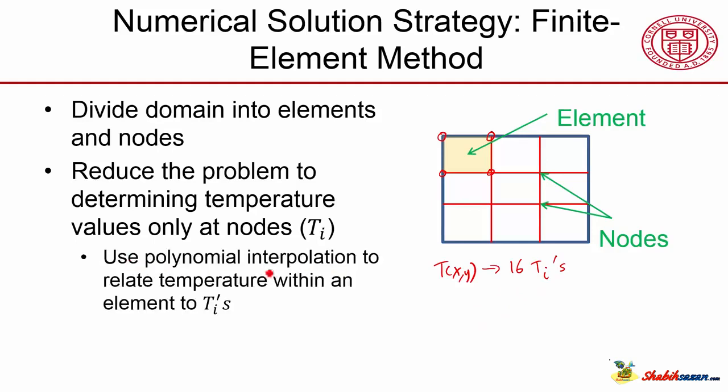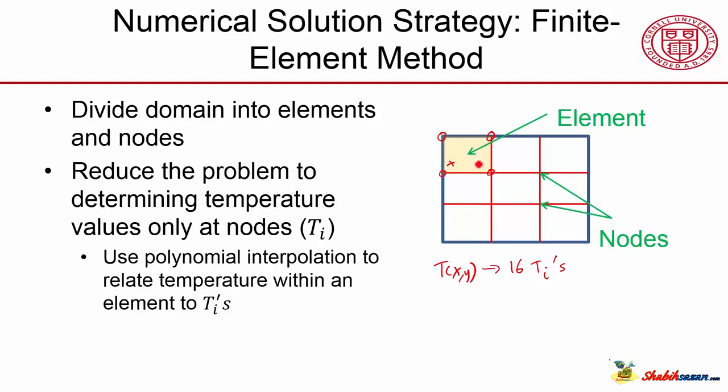And to use polynomial interpolation to relate temperature within an element to the nodal temperatures. If I want to know what's the temperature there, I would interpolate between these 4 values. In the 1D case, we were interpolating along a line. Now we have to interpolate within an area.